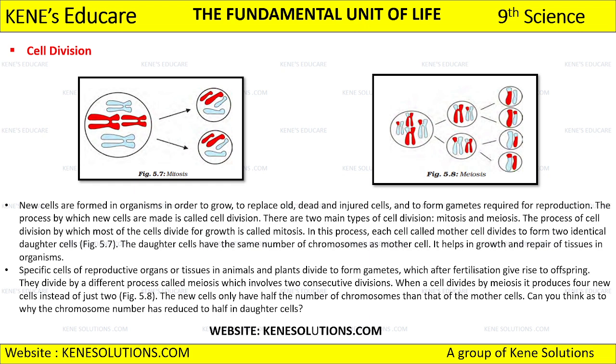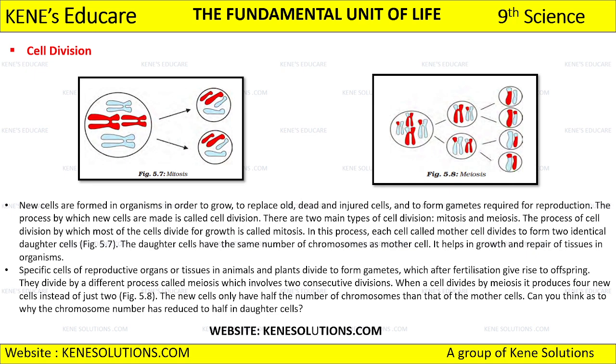So the new cells only have half the number of chromosomes. In mitosis the two cells formed had the same number of chromosomes as the parent, but in meiosis the four cells formed are going to have half the number of chromosomes of the mother cell.